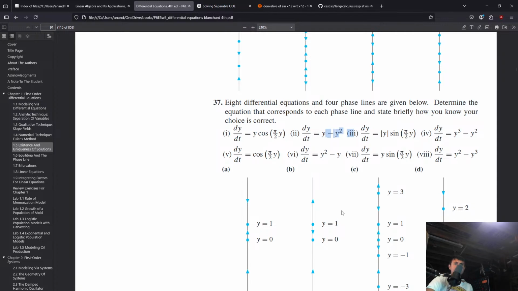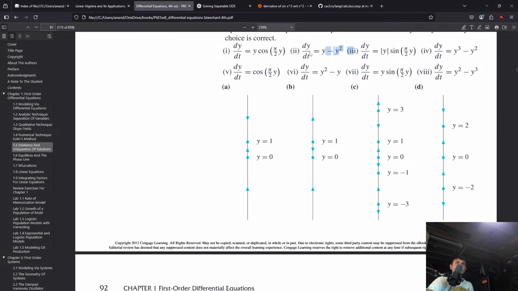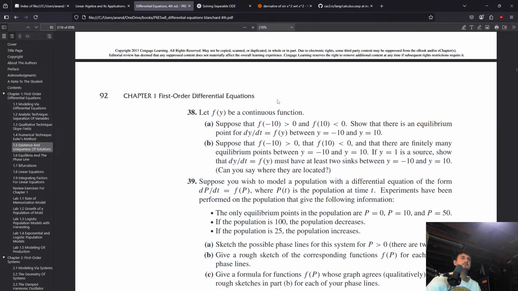It could be this one or this one. It can't be any of these because there's more, but I'm guessing that 2 is one of these. I'm pretty sure that it's A, because for y times 1 minus y, if y is greater than 1, then we're going to have a negative there. So 2 goes to A. All right, we get the idea there.